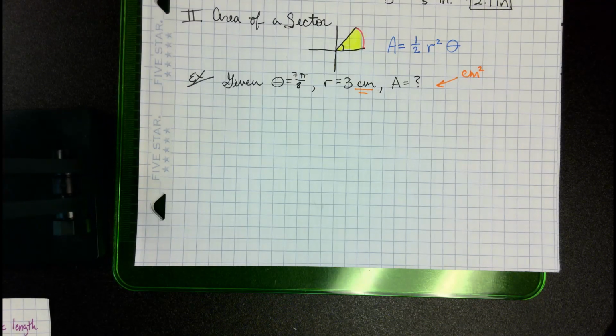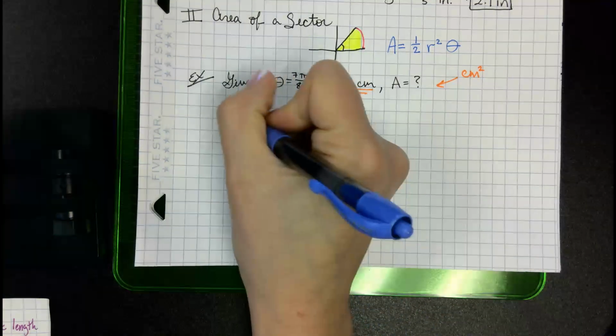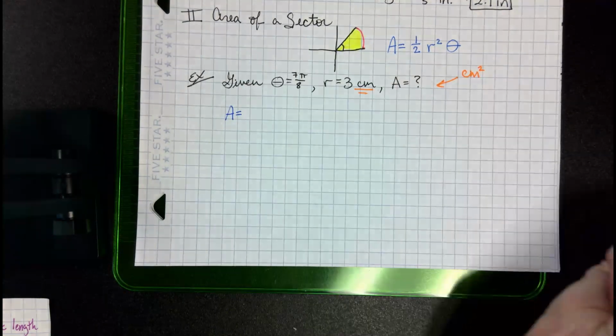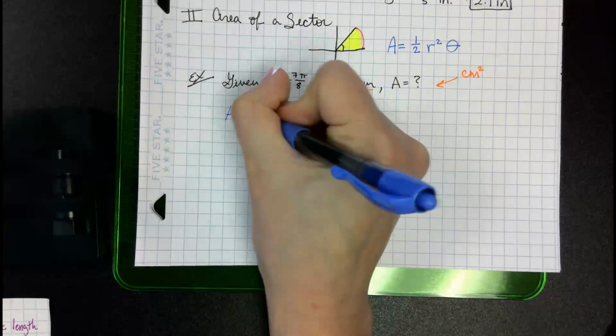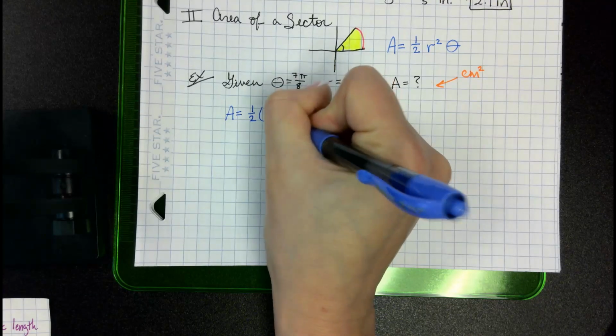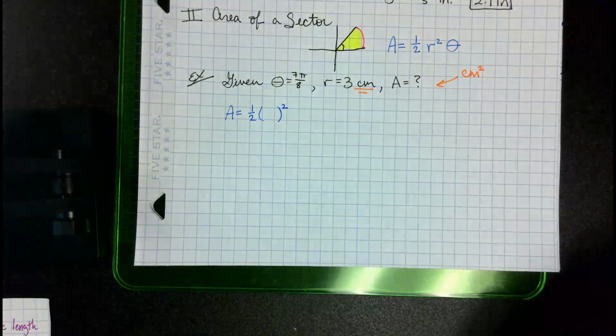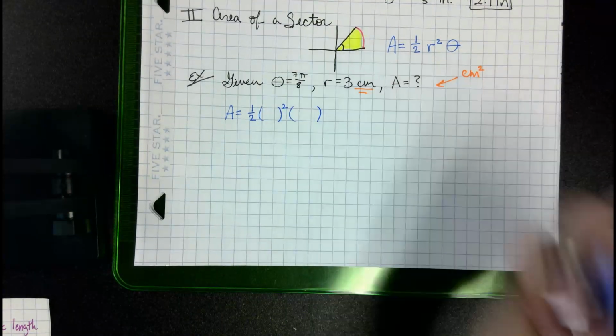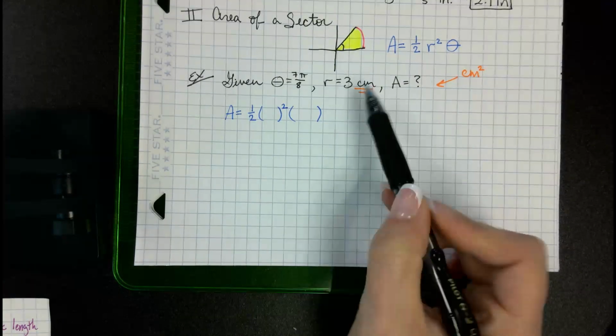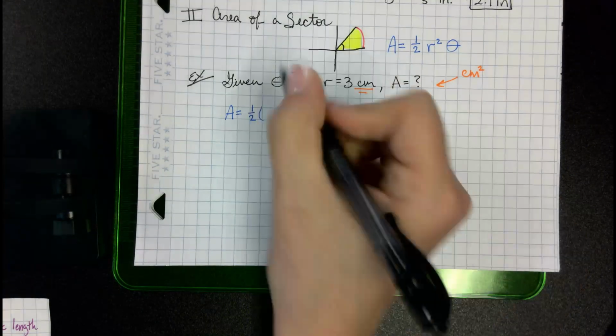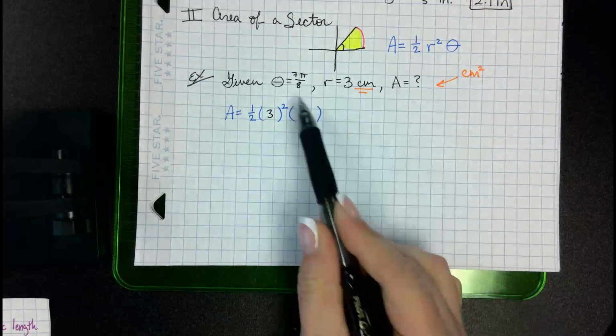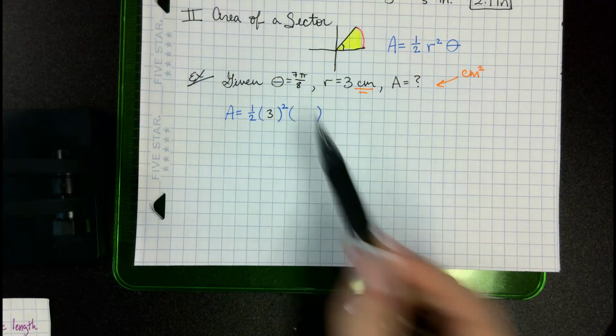I can just do the problem. So the area equals 1/2 times the value of the radius squared times theta. So the radius was 3, and my theta is 7 pi over 8.